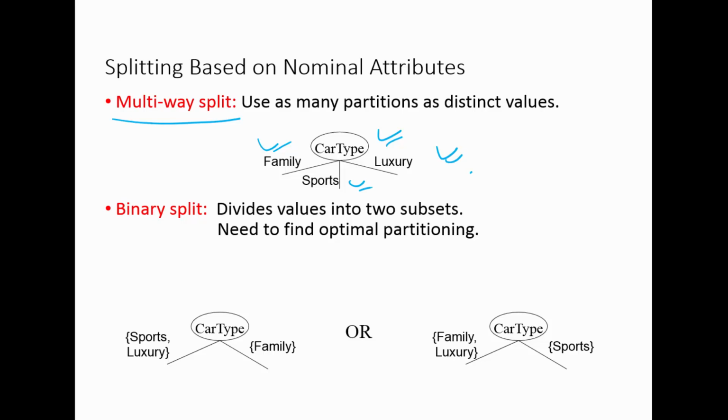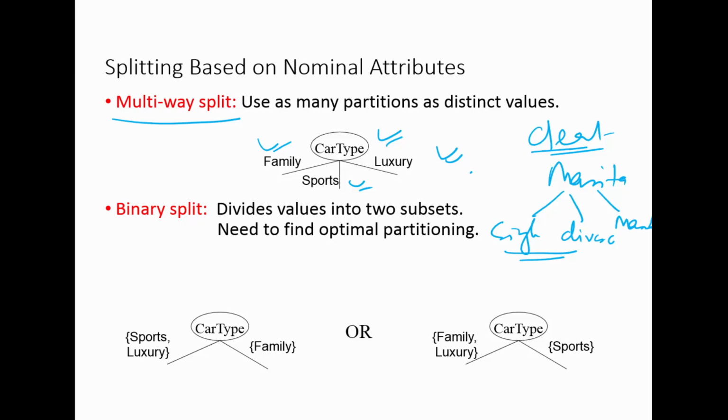So your criteria could depend on what kind of categories you have. In the case of cheat, you are dealing with someone cheating, and marital status could be single, divorced, and married. We can actually combine these two also, because they pretty much represent the same type.